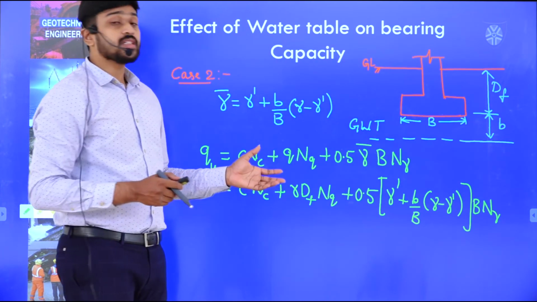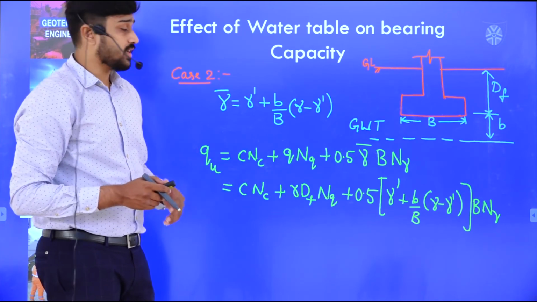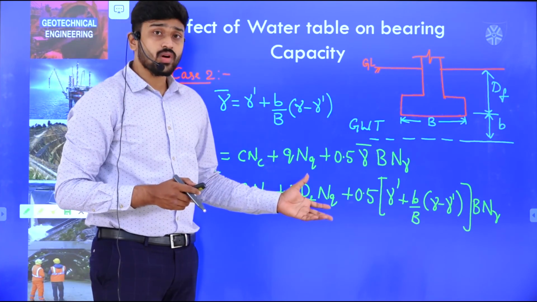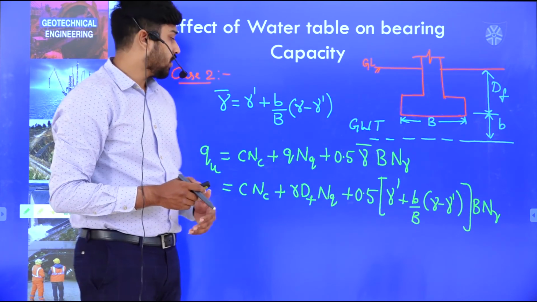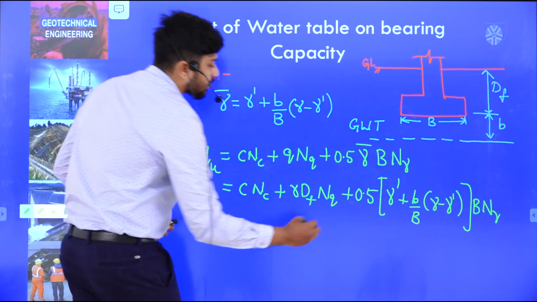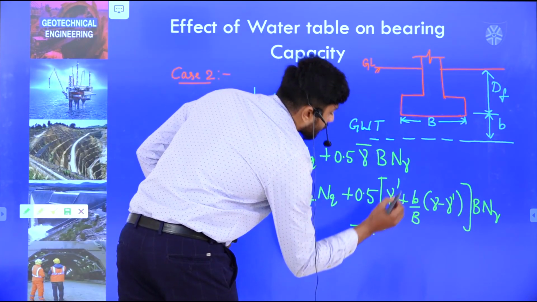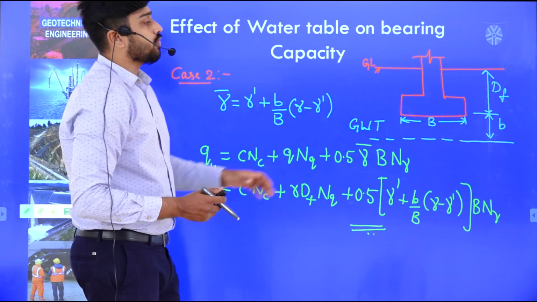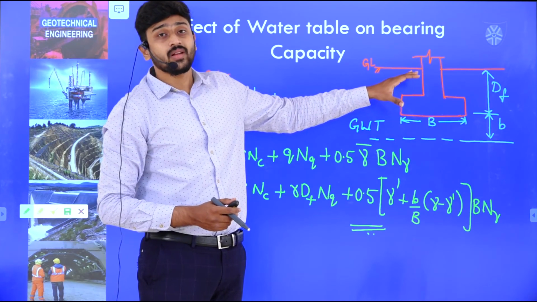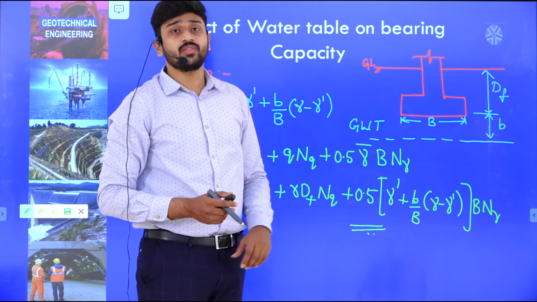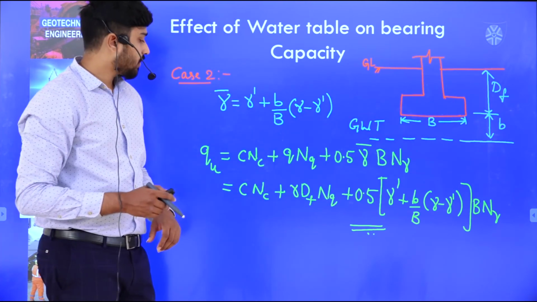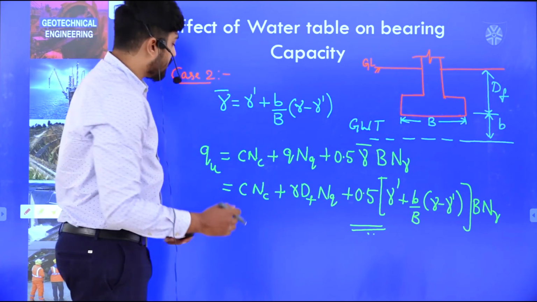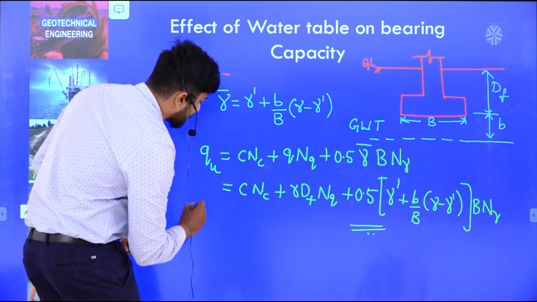Okay, so this is for the general shear failure case, but if you have to consider local shear failure, consider the bearing capacity terms in that manner. So this is the final expression when the depth of the groundwater table is at a level below the base of the foundation, at somewhere say small b. Let us consider two cases here as well.